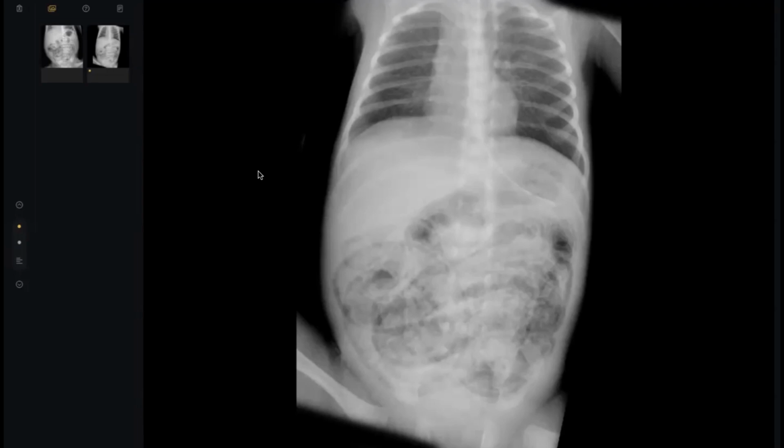The baby is immature. Sir, there may be some granular opacities in bilateral lungs. Excellent, correct. See the lung, there is some granularity, and the baby is immature. So there may be evidence of some surfactant deficiency.